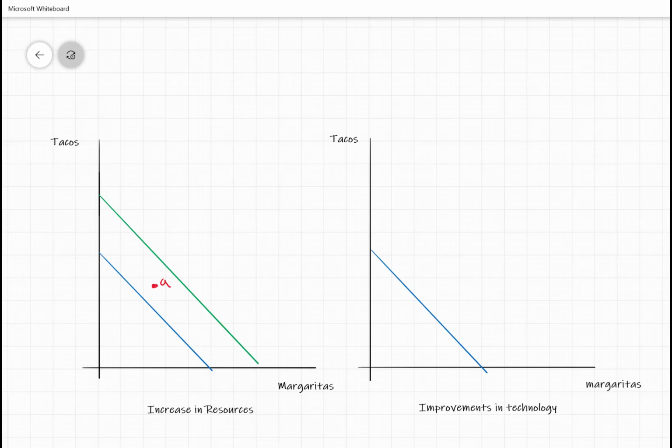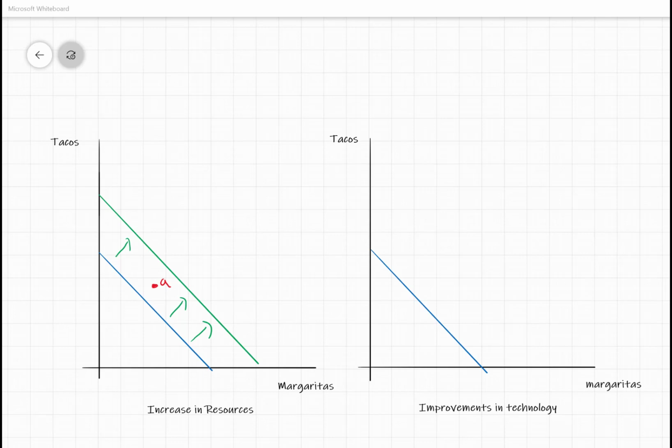Increases in resources are going to shift the production possibilities boundary out. Notice that point A is now attainable. In fact, it's definitely attainable. We're not even using all of our resources to get there. So that's one way of getting outside of your original production possibility boundary, or PPF.